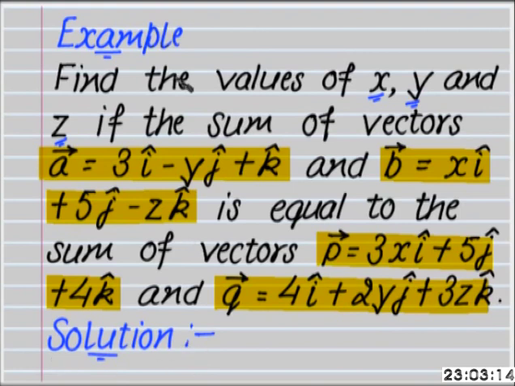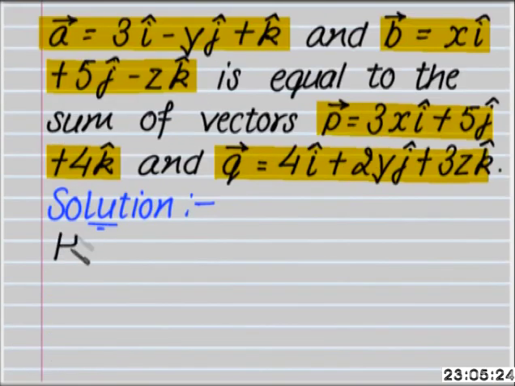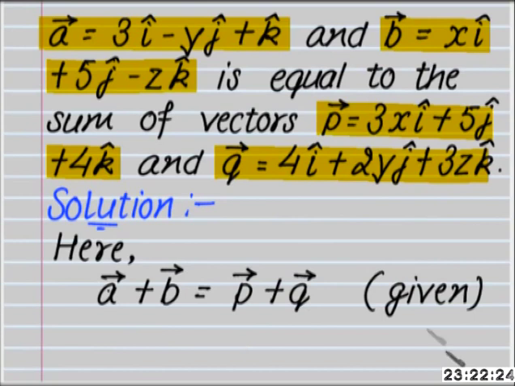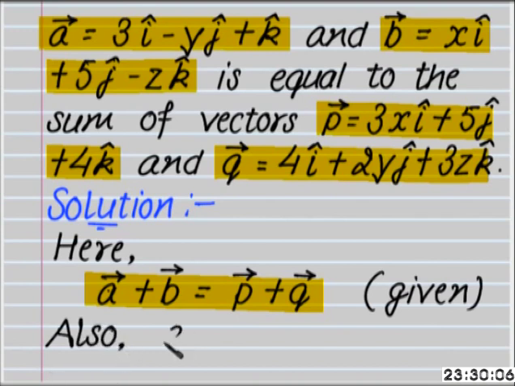Now its solution. Here it is given that sum of vector a and vector b is equal to the sum of vector p and vector q. Also, vector a is equal to 3 i cap minus y j cap plus k cap.